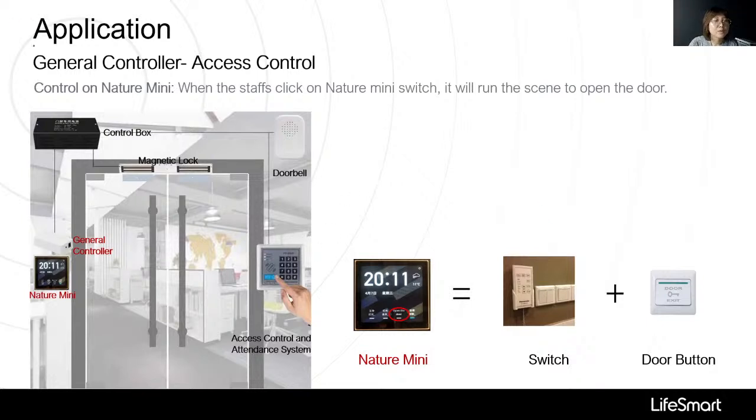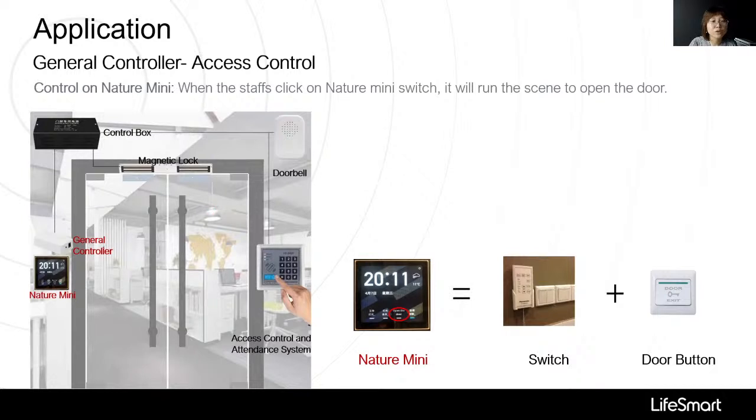This is our solution of access control. In this solution, we can see general controller, Nature Mini. When the staff click on Nature Mini switch, it will run the scene to open the door. Or we click on LifeSmart app, it will also run the scene to open the door.